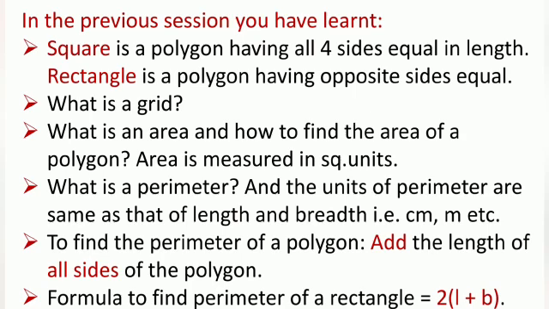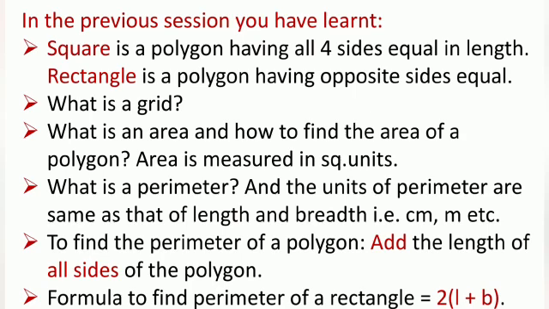It is measured in square units such as square centimeter, square meter, etc. What is a perimeter? The length of the boundary of a shape is called its perimeter. The units of perimeter are same as that of length and breadth, that is centimeter, meter, etc.